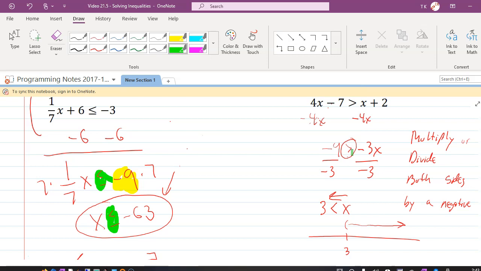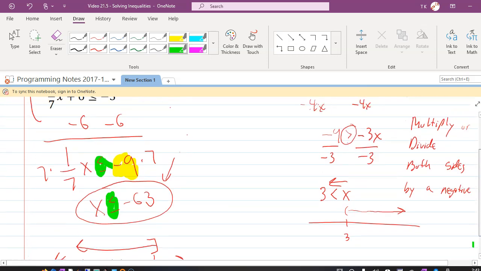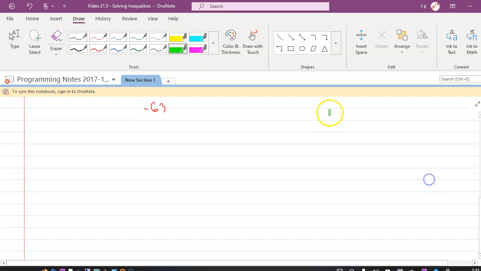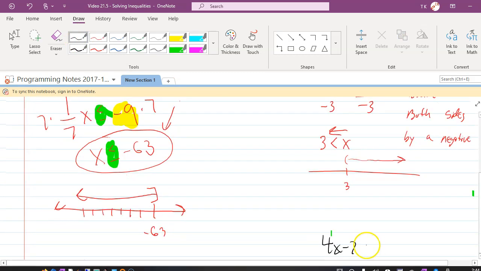Now you're not guaranteed to run into this in any one problem. To some extent, it depends on how you solve it. If I restart this problem again, I've got 4x minus 7 is greater than x plus 2.